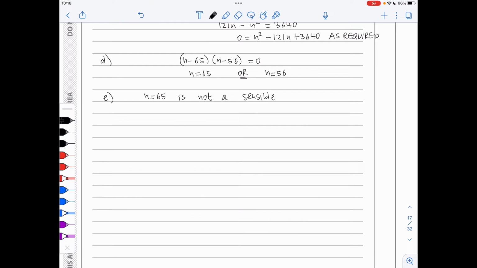And this is because we would have saved the amount of money by the 56th month. So n is 65 is not a sensible solution as the amount will be saved earlier, after 56 months.